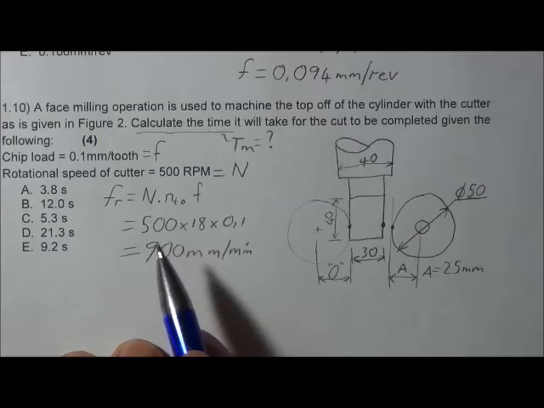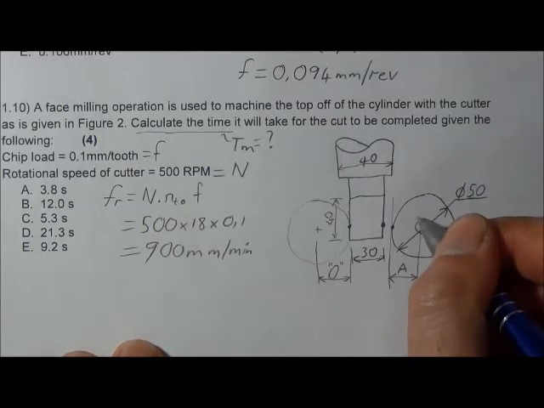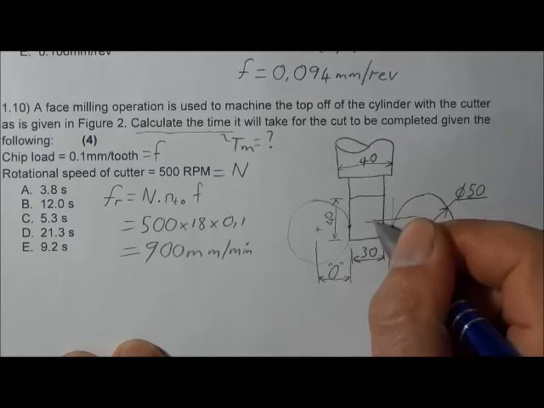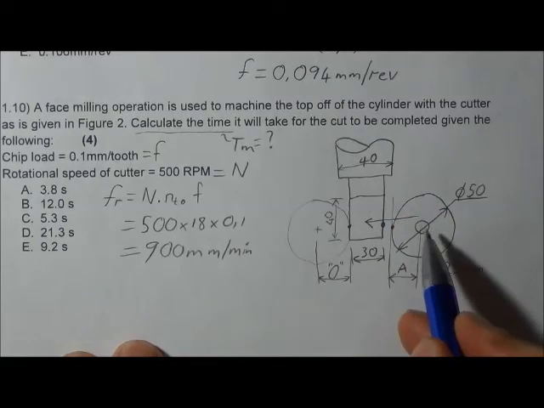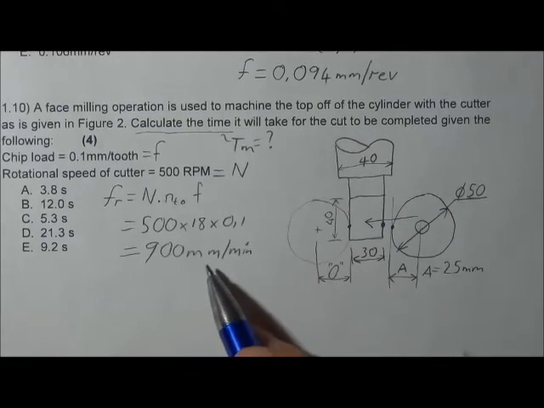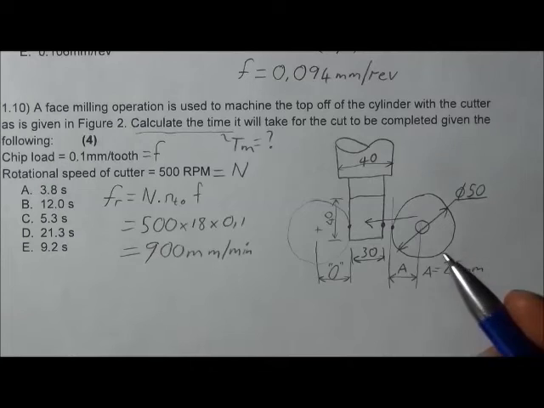So that means the feed rate, basically the speed at which this cutter is moving through the work part, is 900 millimeters per minute.